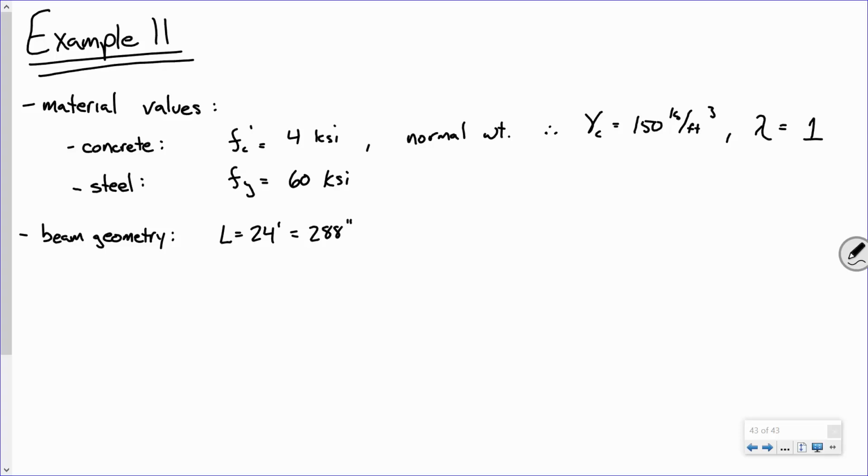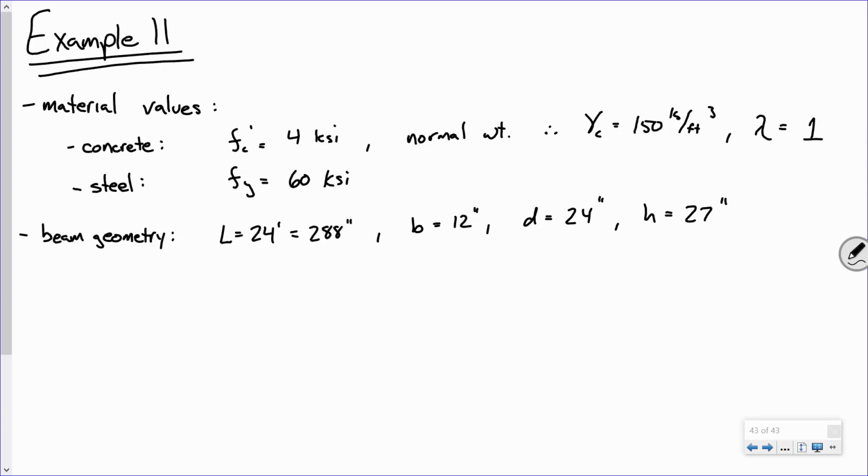Okay. Let's see. We've got the width of the beam is, what is it, 12 inches? The depth is 24. The height is 27. Everybody see where I'm getting this?